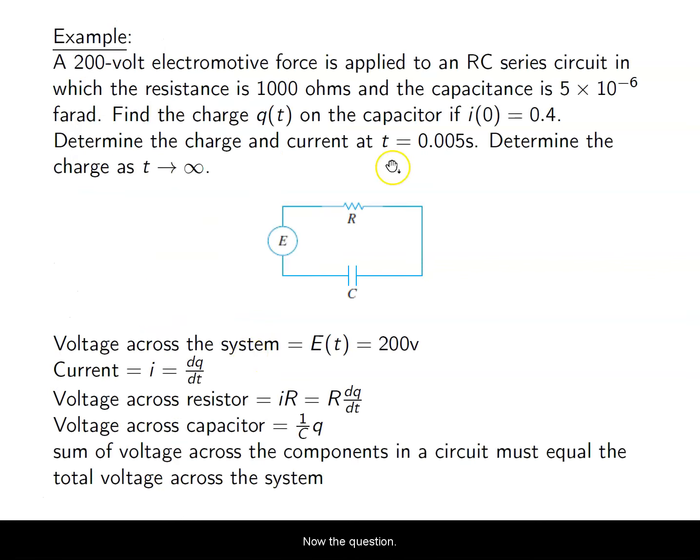Now the question wanted me to find a few things. Find q of t, which I did. Find the q of t on the capacitor given this initial condition. And I want to determine the charge and current at this time, and the charge as t goes to infinity. There's about 5 things it wants me to find.